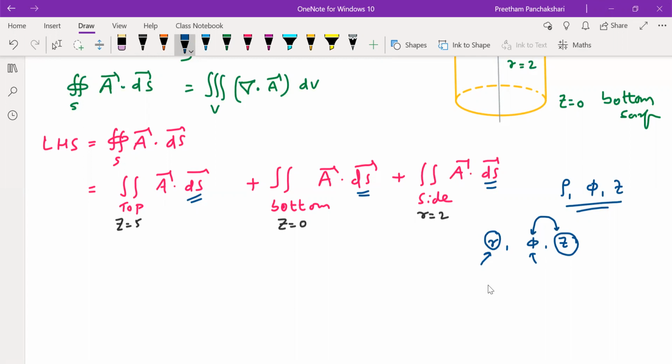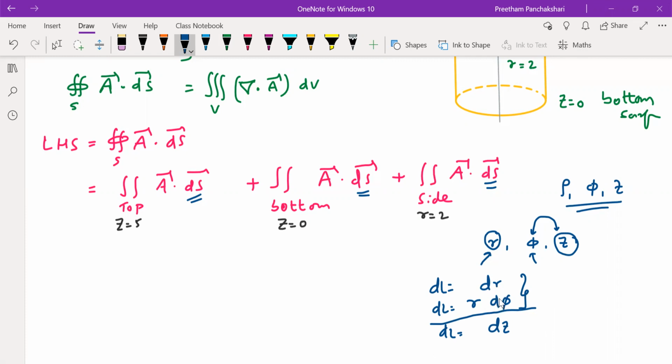If you recall the differential elements we defined for the cylindrical coordinate system, for R it is dr, for phi it is r d phi, and for Z it is dz. These are the three differential lengths in the cylindrical coordinate system. On the top and bottom surfaces, Z remains constant, so we need to consider only the differential lengths of R and phi.